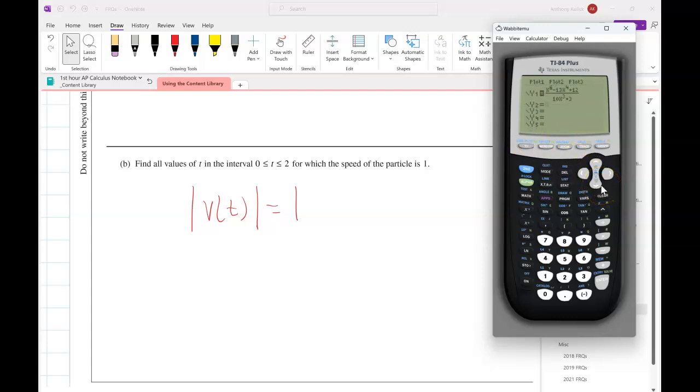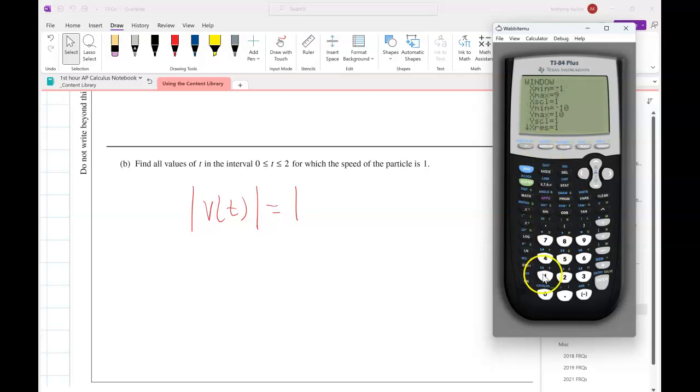So to do this now on my calculator, I'm going to unmark that y1 because I don't want to graph that. I want math, number, absolute value of y1, and then 1.